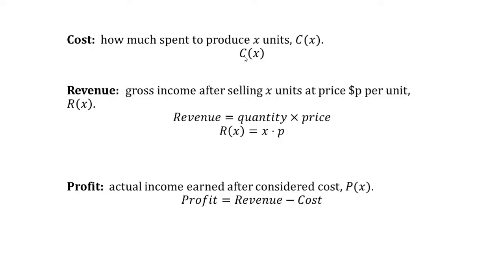As it says on my screen, profit equals revenue take away the cost. After you have sold all of the X units you produced, the revenue minus the cost truly gives you how much profit you have earned.